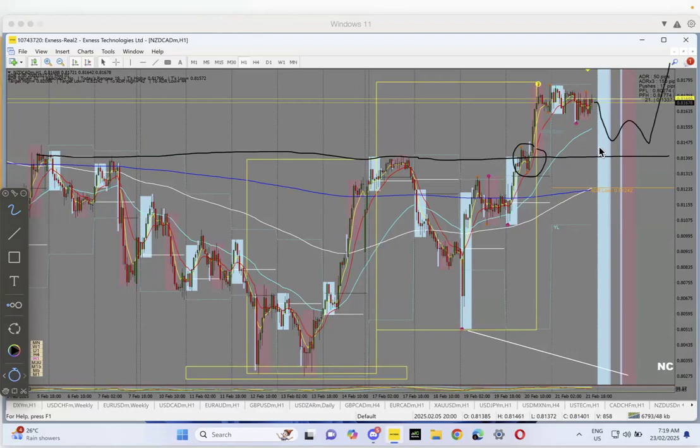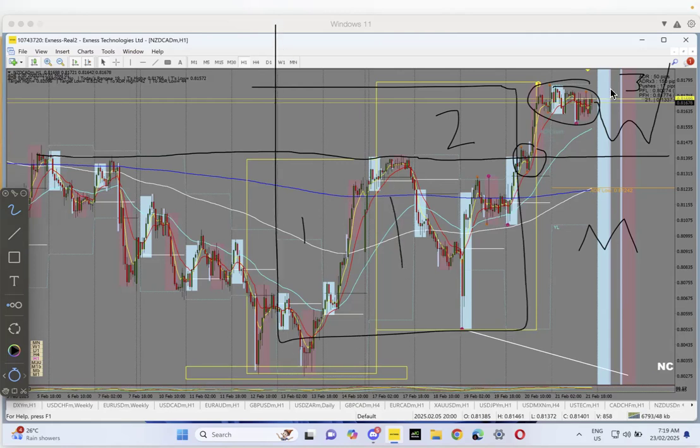If the buy comes and it goes up and forms an M formation, then you can say, okay, that was 1, that was 2, and this is now 3. But if it goes up and it just consolidates like this on the finish day and doesn't show any signs of an M formation, then you can say, okay, so this entire thing was level 1 and that's level 2, and I'm expecting level 3.